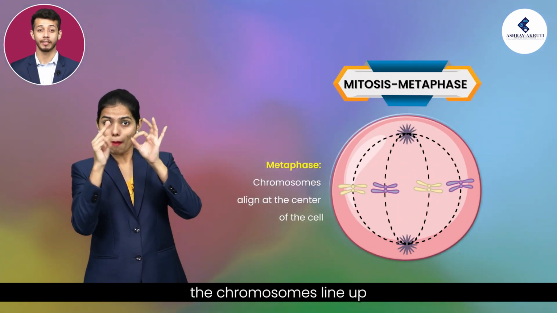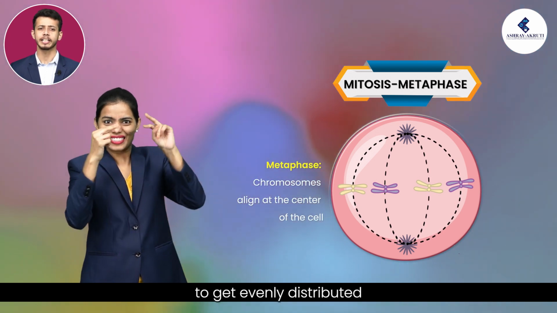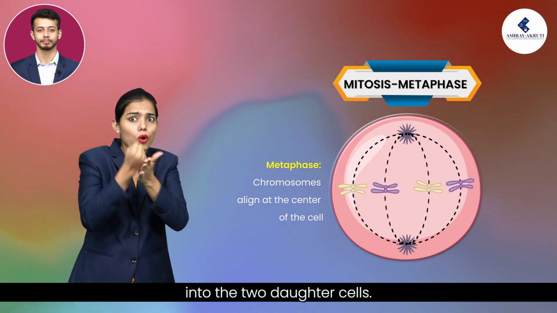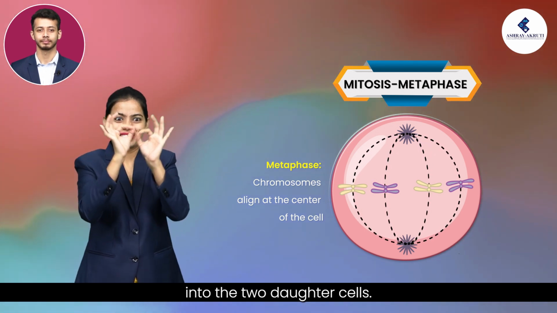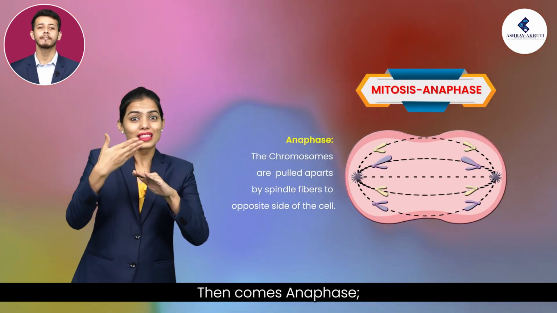In metaphase, the chromosomes line up along the cell's equator to get evenly distributed into the two daughter cells. Then comes anaphase.